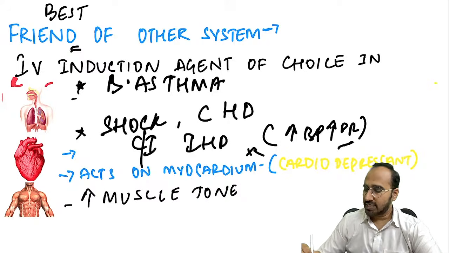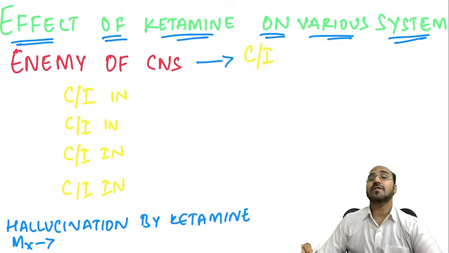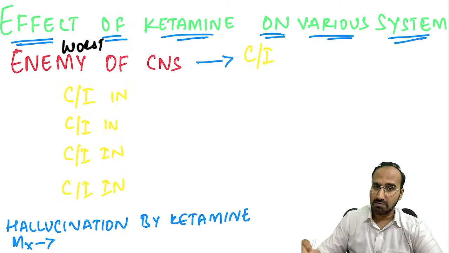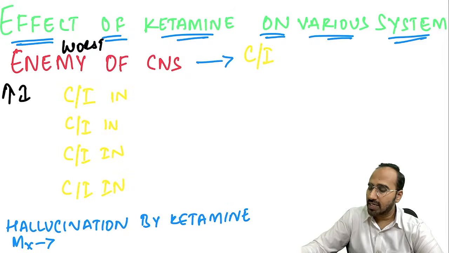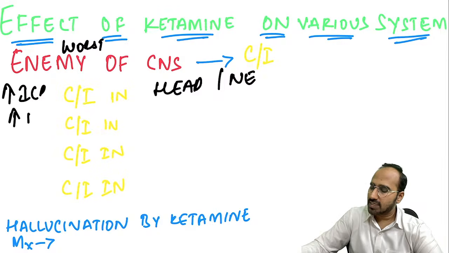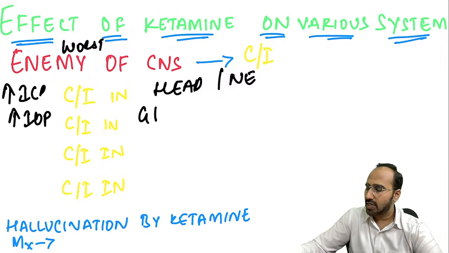Okay. Next, I told you ketamine is the worst enemy of CNS. What will it do, guys? Remember, ketamine increases the intracranial pressure, hence contraindicated in head injury and neurosurgery. Ketamine increases the intraocular pressure, hence contraindicated in glaucoma.